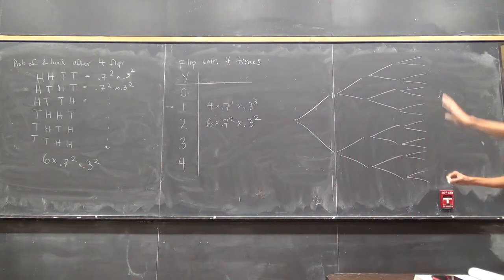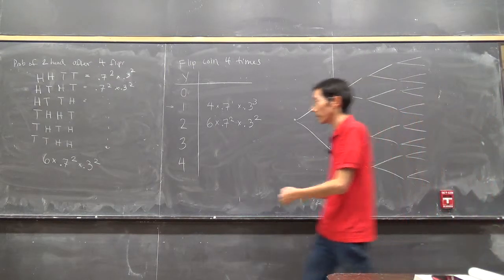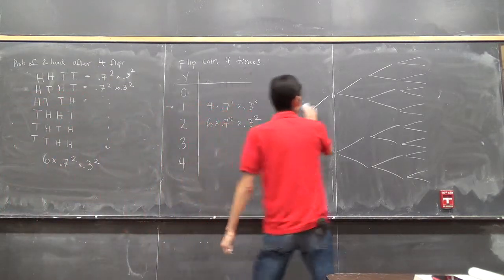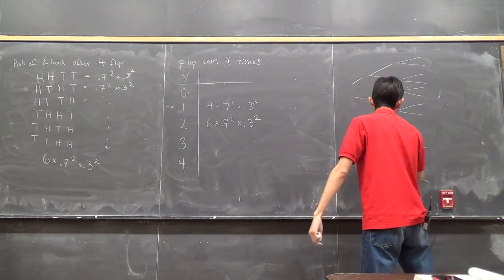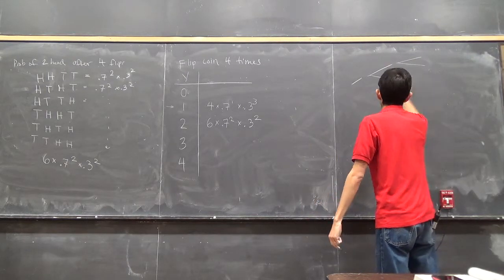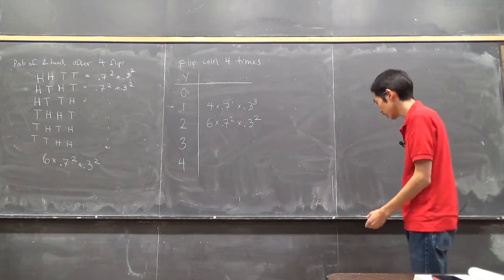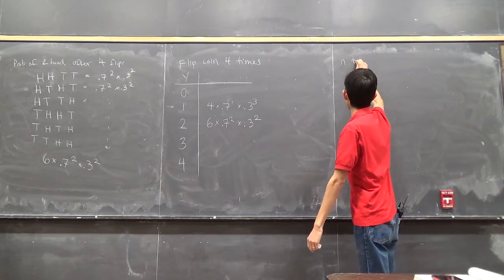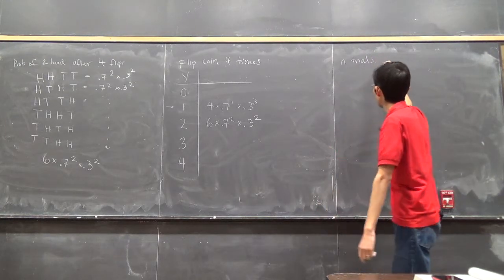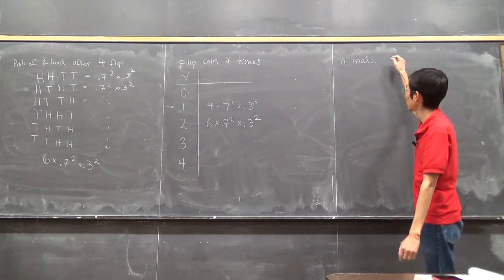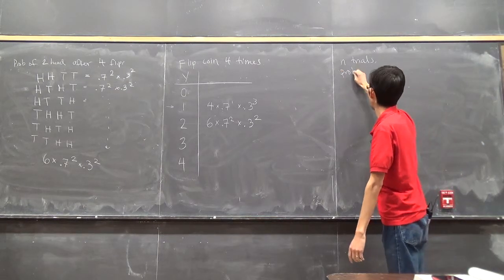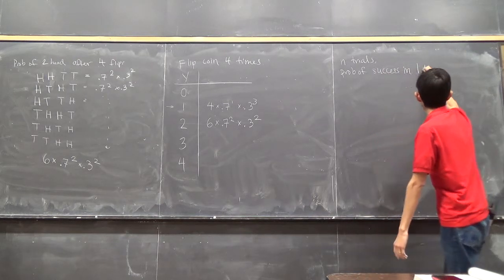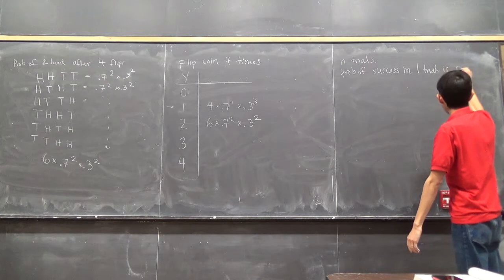Okay. Are we okay with this so far? All right. So the formula that we're going to use for binomial probabilities: in our binomial setup, we're doing n trials. The probability of a success for one trial is p.